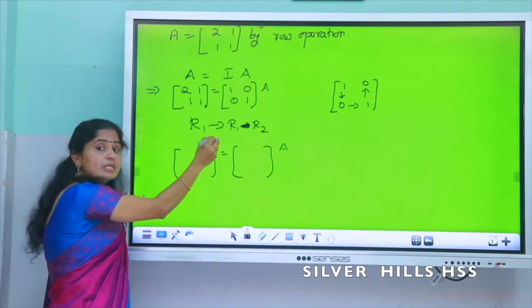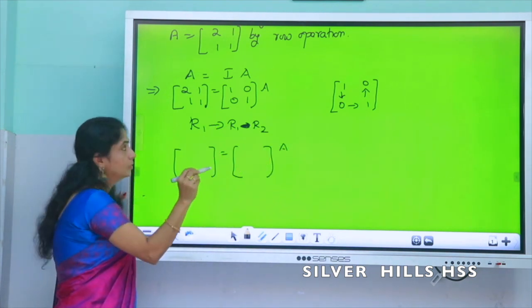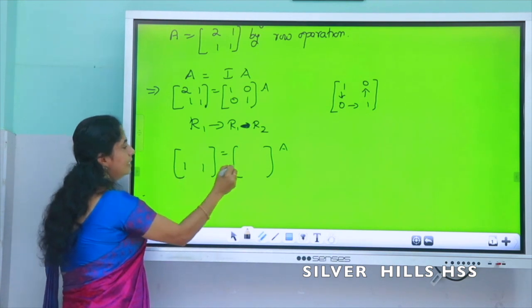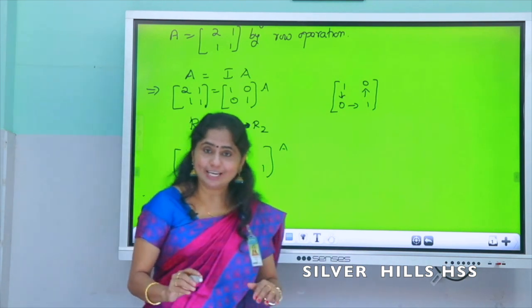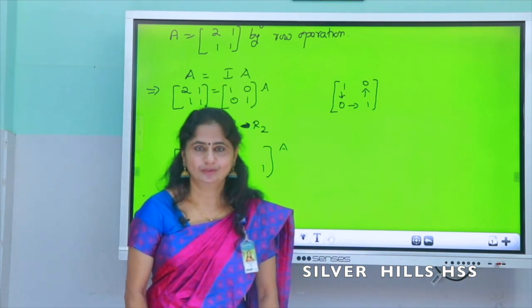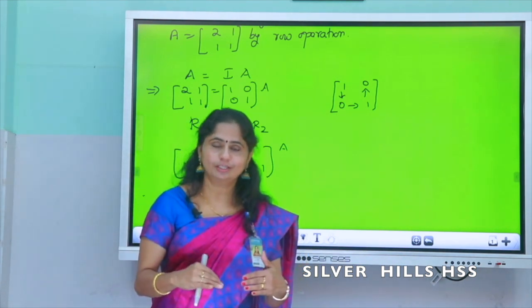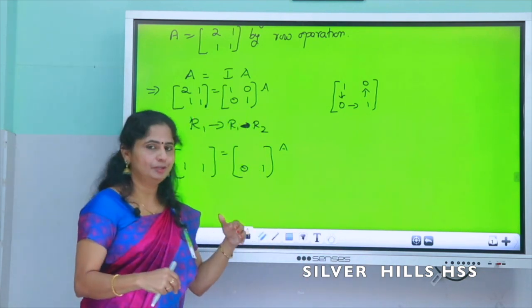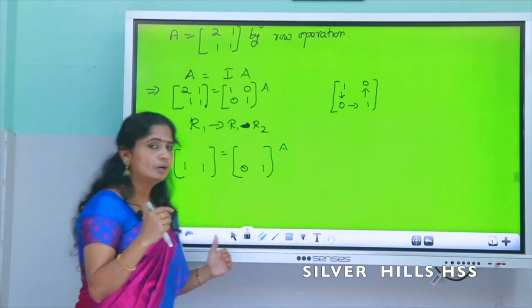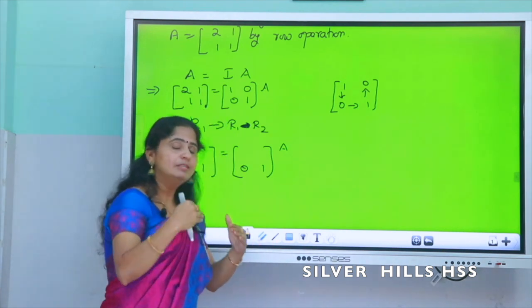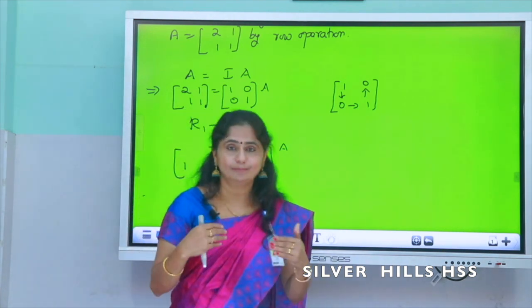So you can see that we are making the transformation in the first row. Let's write the second row as it is, because we are not making any change in the second row. So fill in the second row first. Now we'll replace the first row using the transformation R1 minus R2. The corresponding elements of R1, R2 are subtracted.